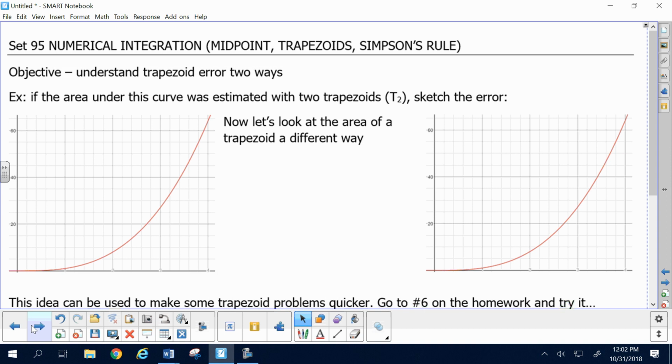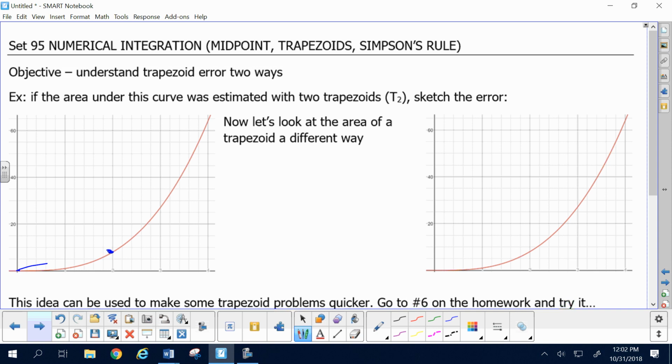They're all used to say, I can't integrate this, all I can do is approximate it with some kind of area calculation. It goes like this. Trapezoid error was done two ways, and I'd like you to understand trapezoid error in two fashions. Say I did this region with two trapezoids.